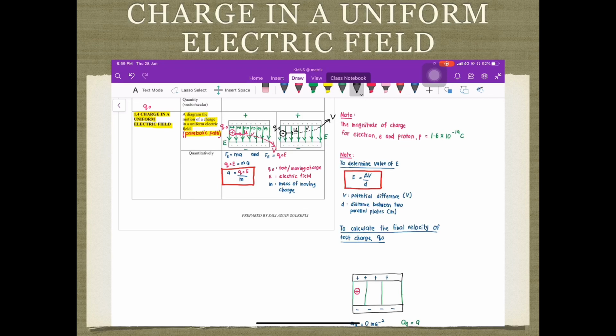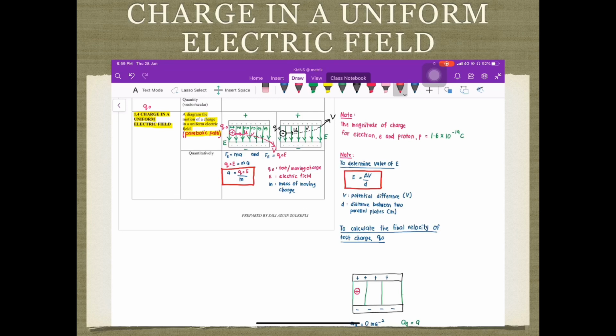Now, we want to discuss why the positive Q0 is deflected downward, while the negative charge is deflected upwards. The concept is here.